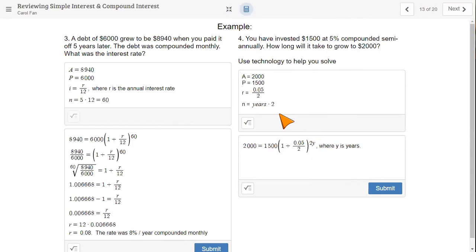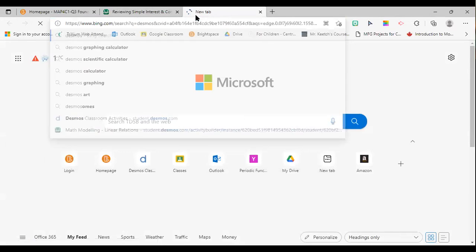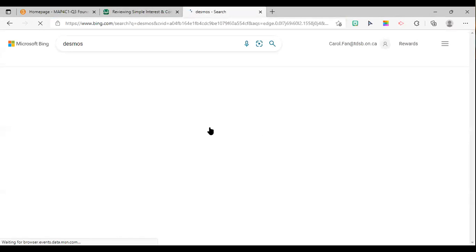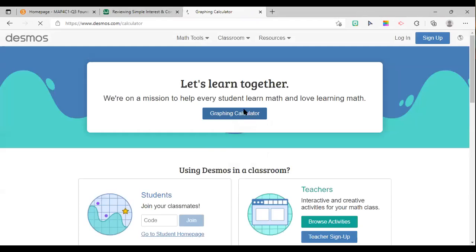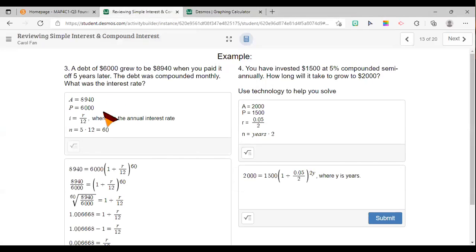I didn't give you a slide with this, but you can go straight into Desmos to use it. Okay, so our left side is 2,000.